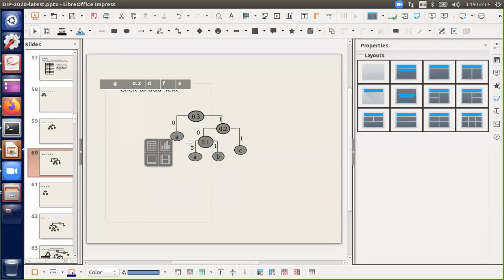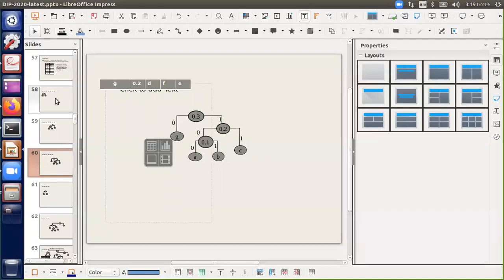G appears on the left side, and the tree with 0.2 frequency appears on the right side of the root that we are creating. We assign the root the probability of occurrence of G and ABC. That means ABC are occurring 0.2, G is occurring 0.1, and 0.1 plus 0.2 is 0.3.